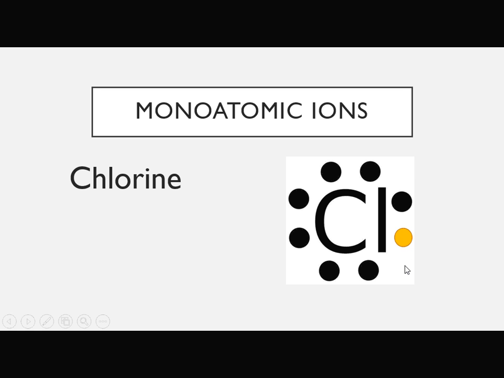Instead of having 17 protons and 17 electrons, chlorine now has 17 protons and 18 electrons. So it has one more electron, therefore chlorine has a -1 charge. As a monoatomic anion, if it is a negative ion, it's called an anion, chlorine has a -1 charge.